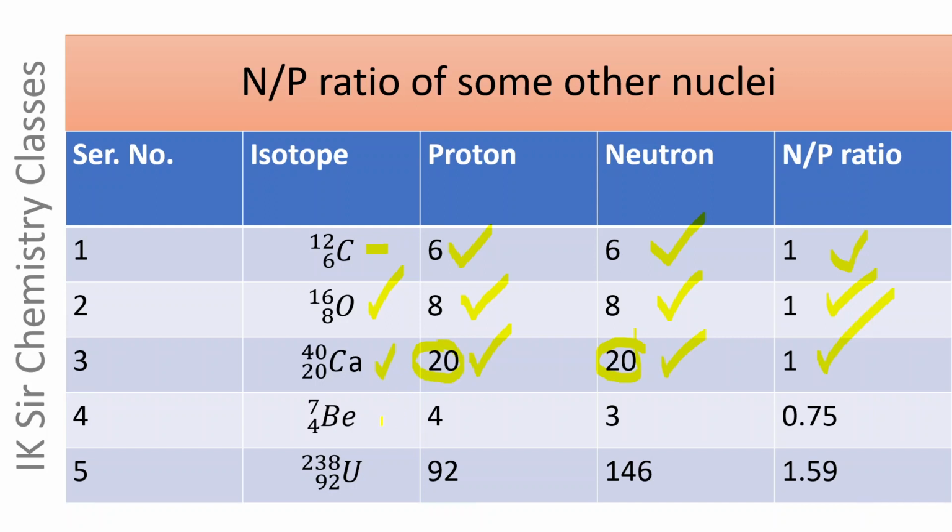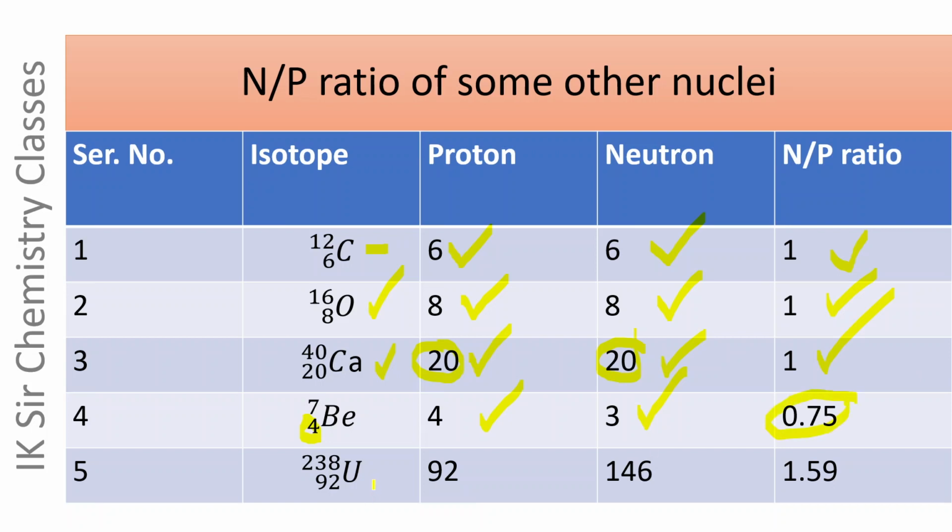Beryllium 7 contains 4 protons in the nucleus and 7 minus 4, that is 3 neutrons in the nucleus. Its N by P ratio will be 3 by 4, that is 0.75.